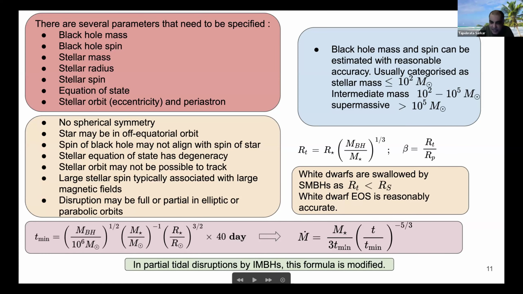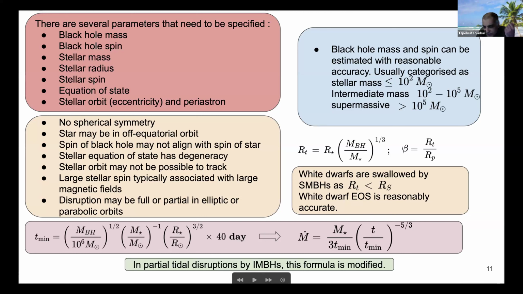Well, you first define something called a tidal radius, which is basically the star radius times the black hole mass to the power 1/3 over the star mass to the power 1/3. How does this come? This comes simply by equating the tidal acceleration that I showed you with GM by r squared. These are very rough estimates, and people usually take them because there are no better ways of characterizing things.